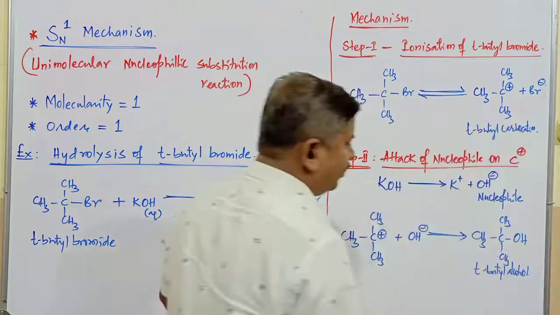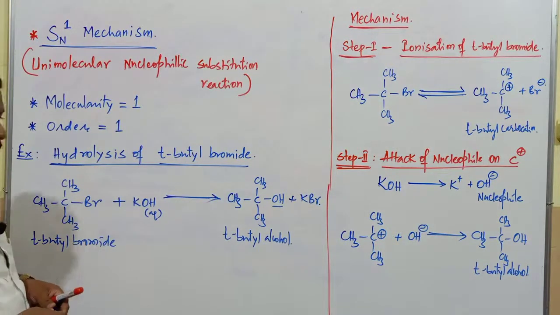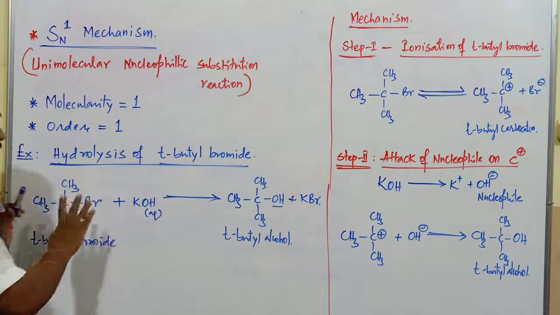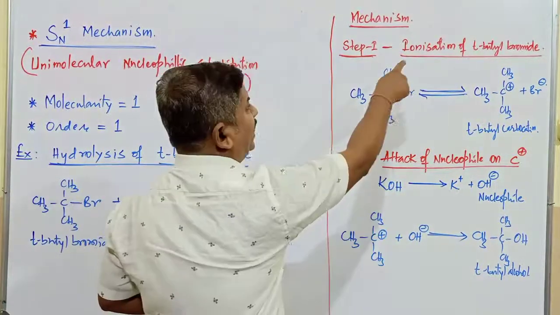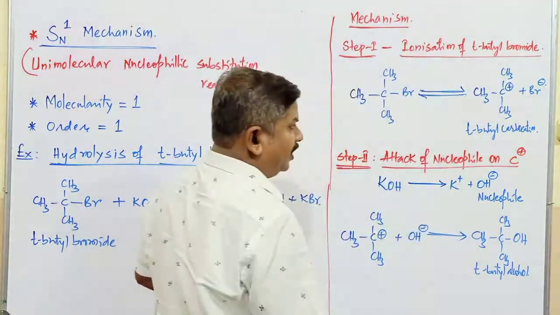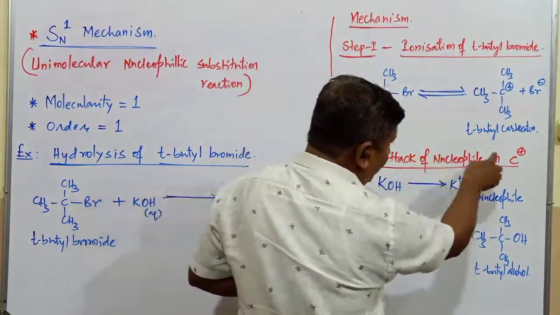What's the name of the product? Tertiary butyl alcohol. Very simple mechanism. This is a common reaction. It takes place in two steps. The first step is the ionization of tertiary butyl bromide, forming the carbocation. The second is the attack of the nucleophile on the carbocation.